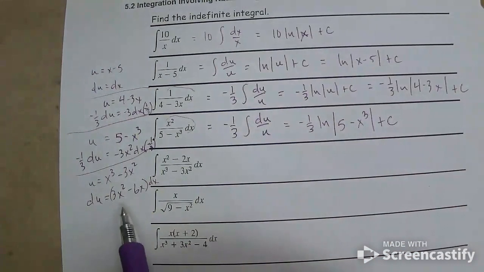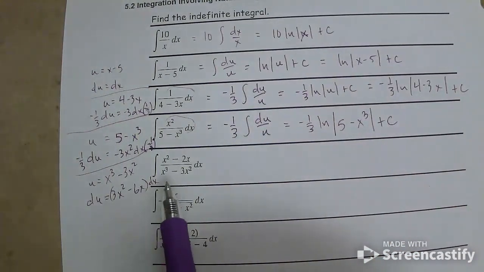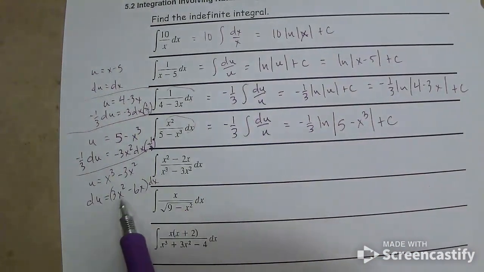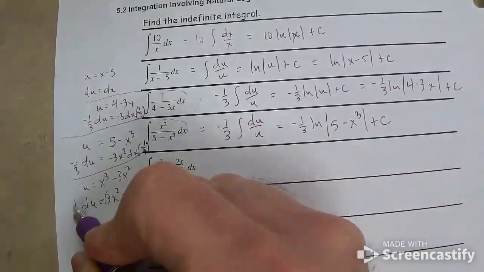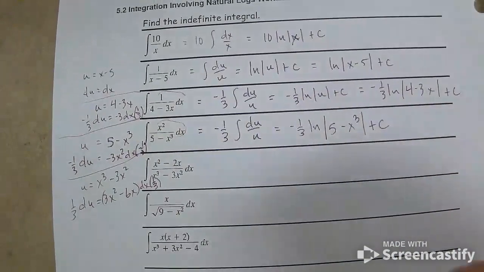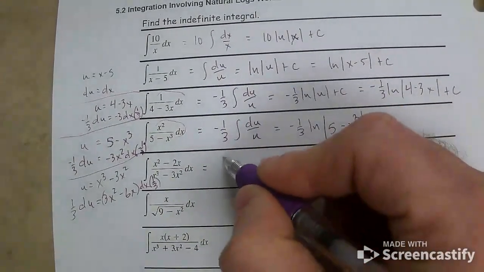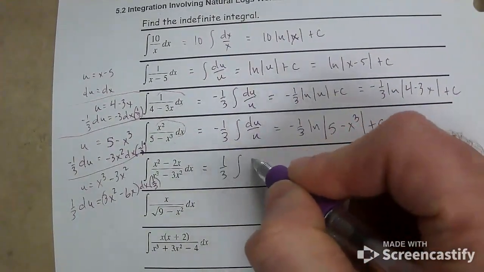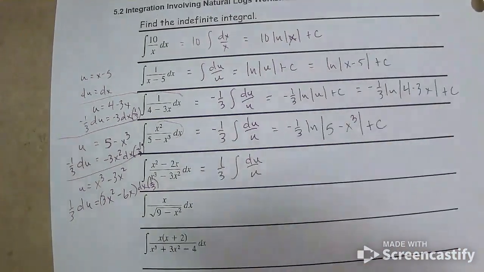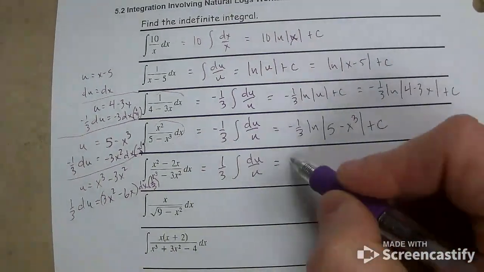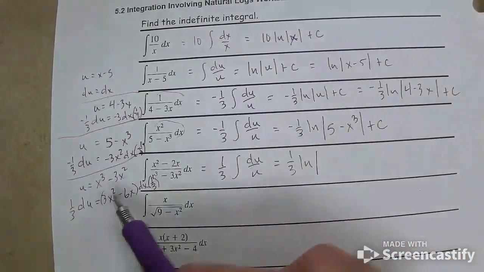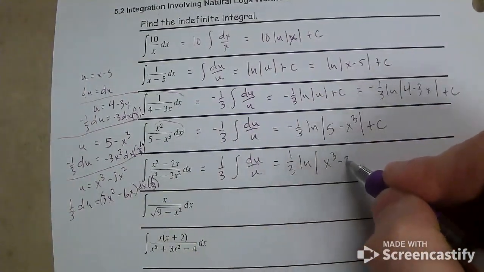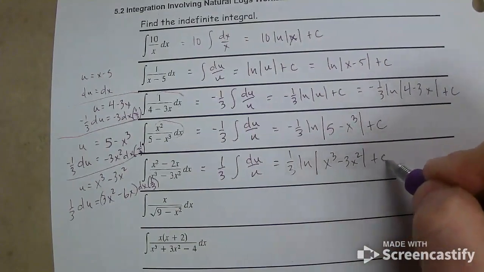And if you try and compare this to the numerator, you'll realize that, oh yeah, that's just a scalar of that. So in this example, if I multiply by a +1/3, then I can rewrite this as 1/3 integral of du over u, which would make this 1/3 natural log. What is u? U was the x cubed minus 3x squared, plus c.